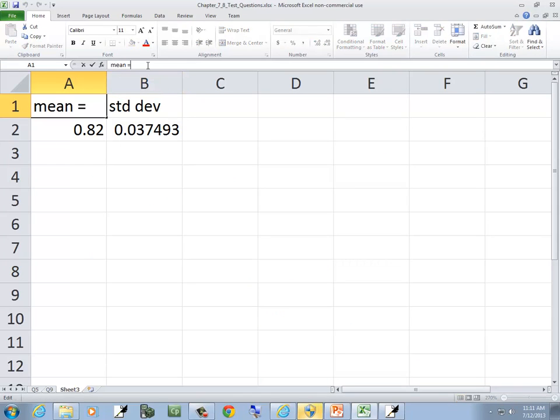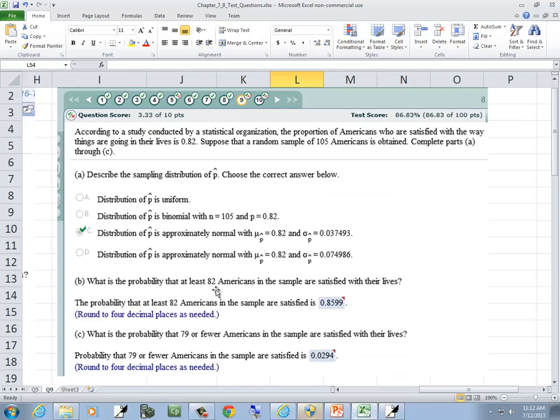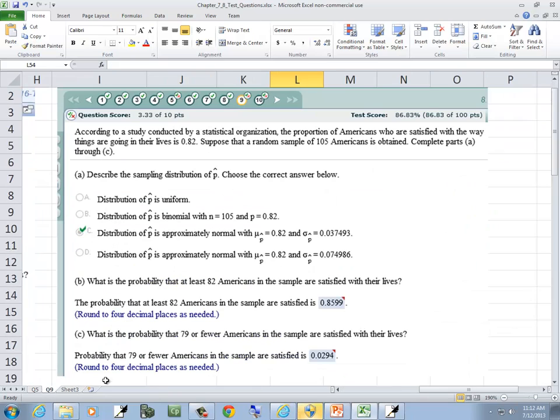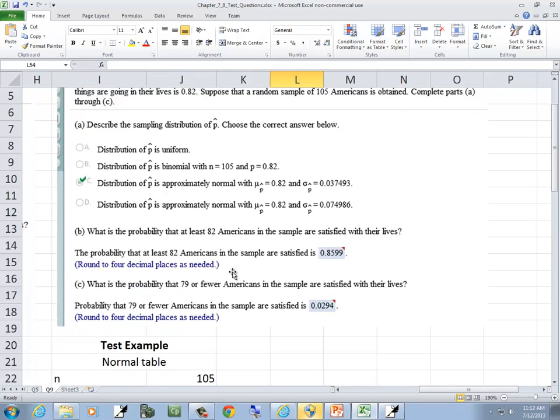So, and let me get rid of that parentheses. Okay, so that's our mean and standard deviation, which should match what you got here. 0.037, yeah. Okay, so let's find what they're looking for. The probability at least 82 Americans in a sample are satisfied is 0.8599.